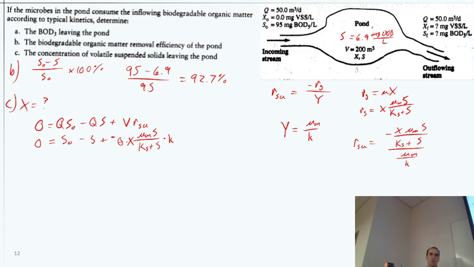If we take that whole term and simplify a little bit, one thing we find is the mu maxes cancel, and the k comes up top. So our substrate utilization is going to be negative x k times s divided by ks plus s. And that's what I put here. I framed it slightly differently, arranged it differently, but that's what I put in right here.